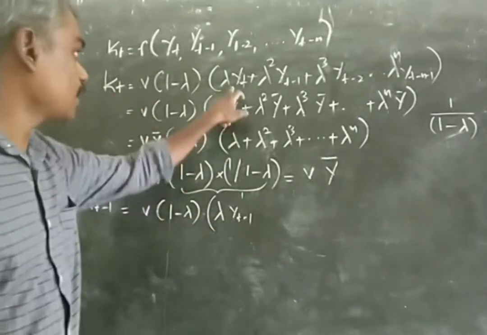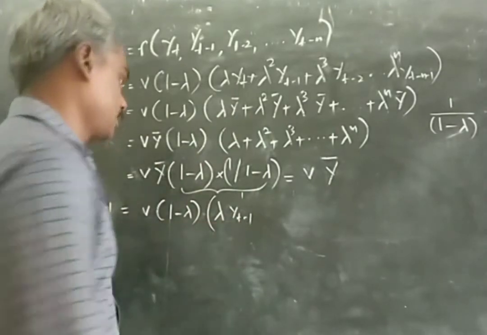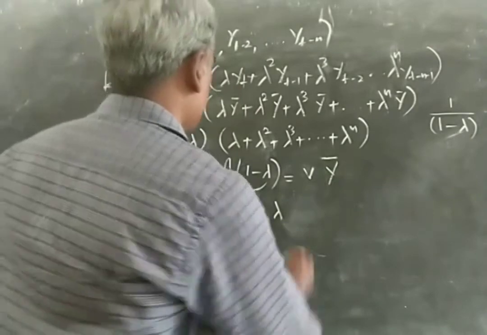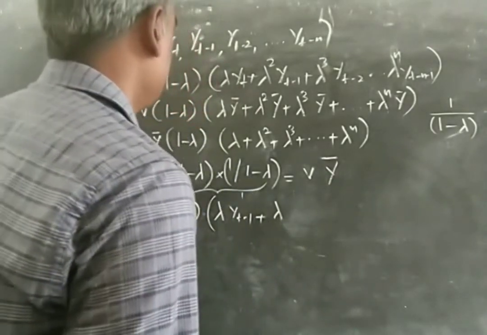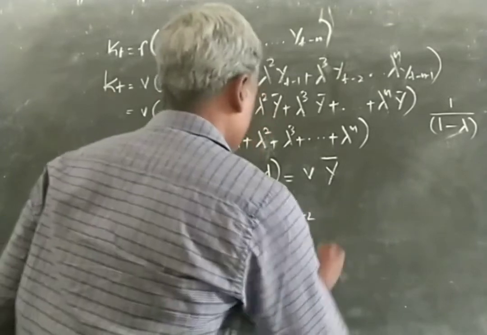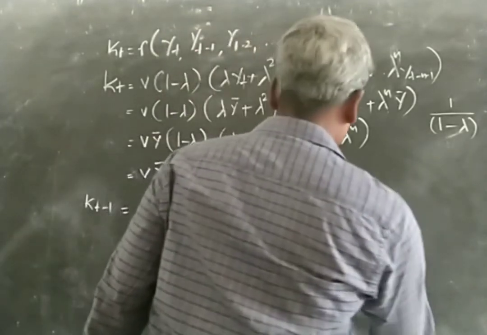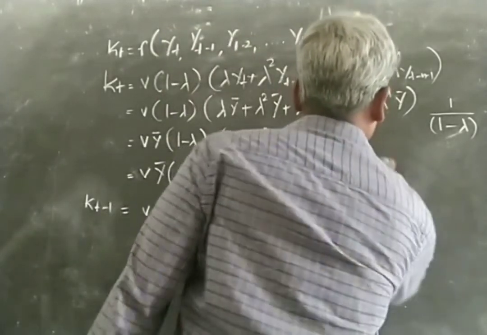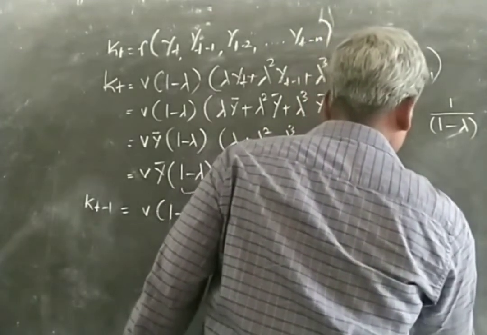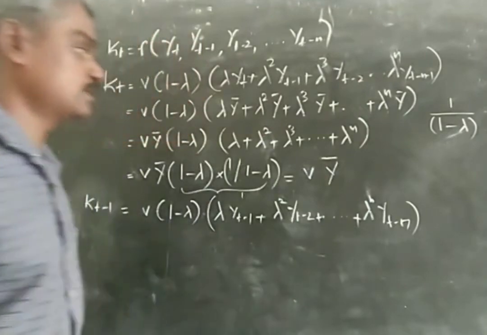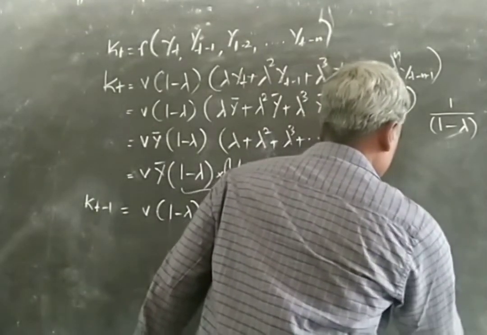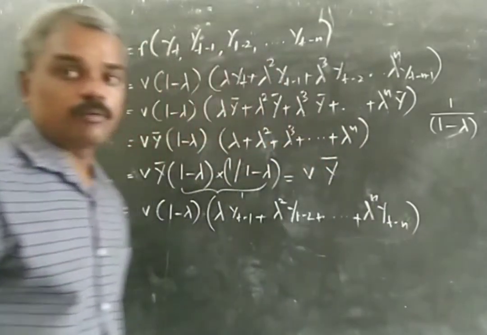So lambda yt becomes lambda yt minus 1 plus lambda square yt minus 2 plus up to lambda raised to n yt minus n minus 1.